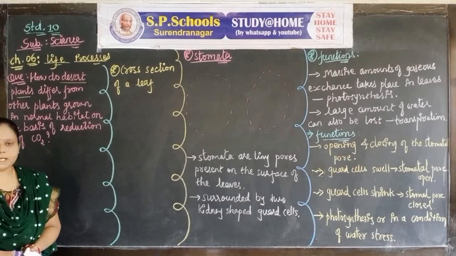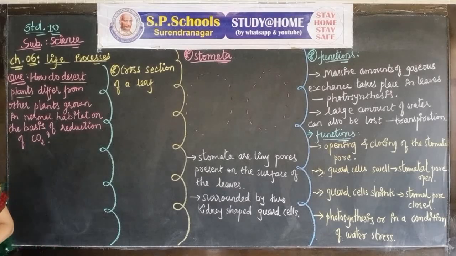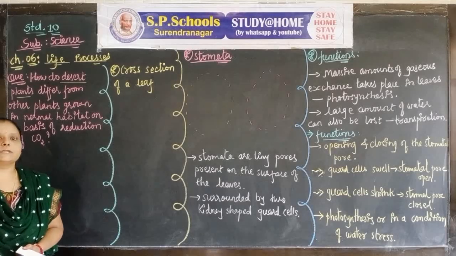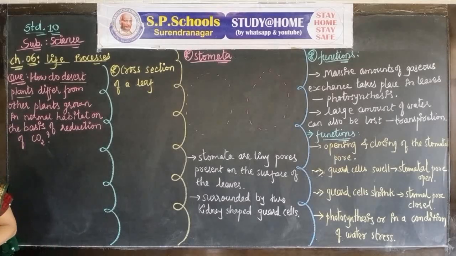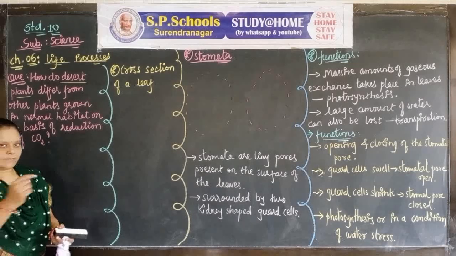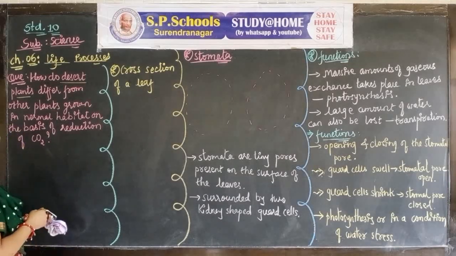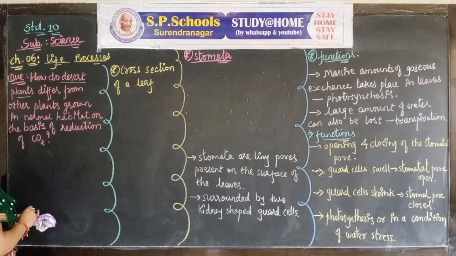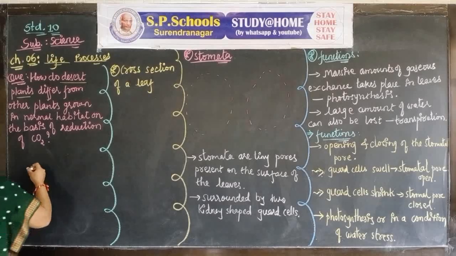In simple autotrophic nutrition in green plants, we already studied that during the daytime they take carbon dioxide and remove oxygen. But in desert plants something is changed.